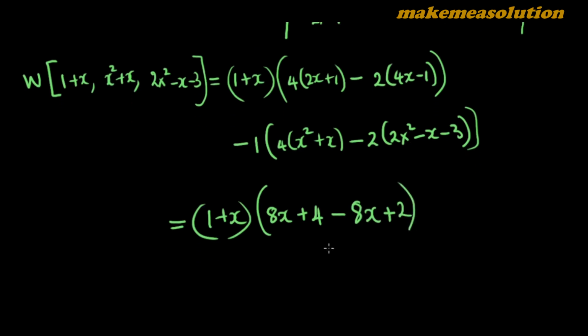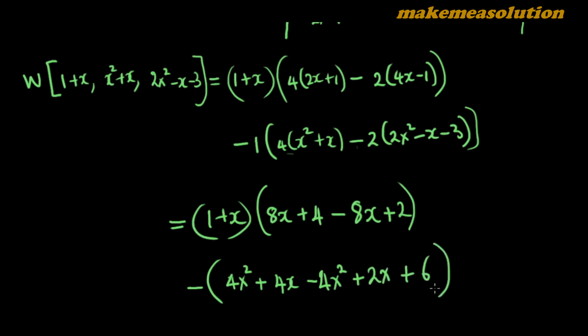Then minus, evaluating this one, 4x squared plus 4x, then opening this bracket you get minus 4x squared, then plus 2x, and plus 6.